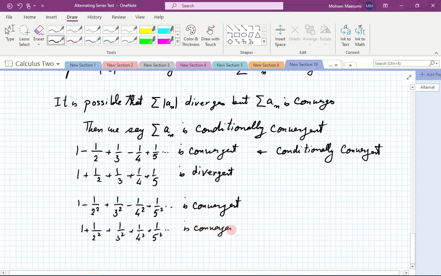Then this phenomenon is termed absolutely convergent series. When you turn everybody into positive and it is still converging, the original one is called absolutely convergent.